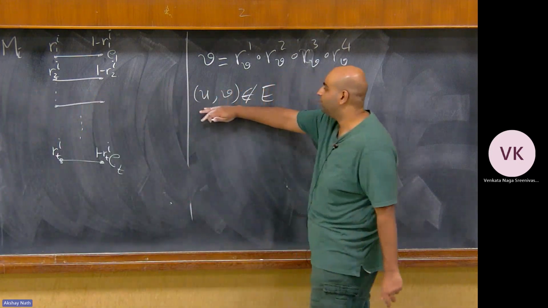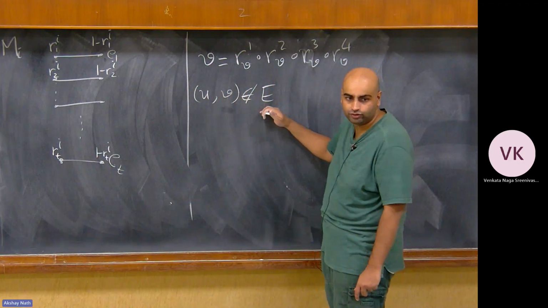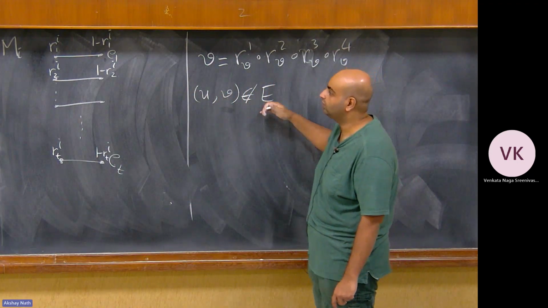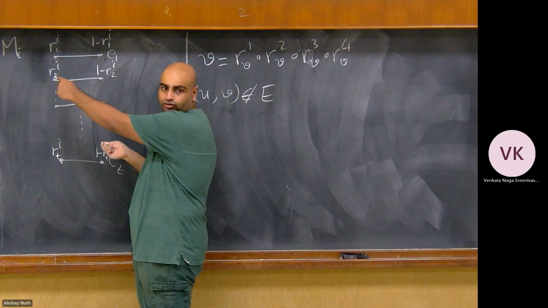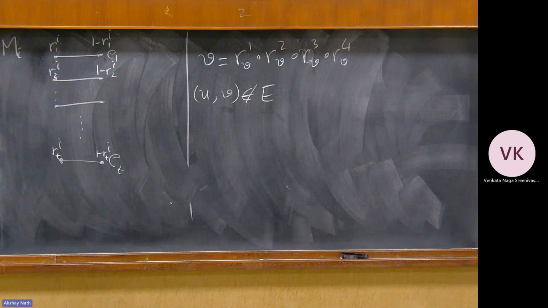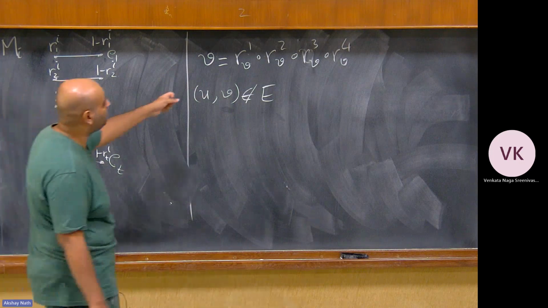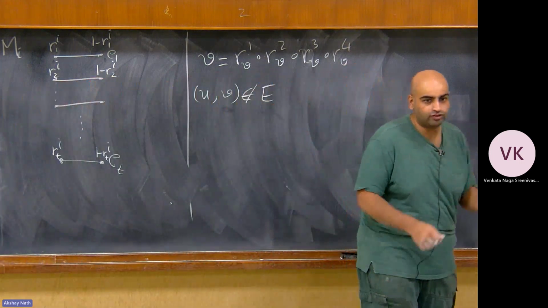Now take any pair of vertices which don't have an edge. In other words, in every matching, they will be somewhat different. So they will get different random strings. Now we know that the distance between any 2 random strings is roughly half. So on each of these 4 parts, their contribution is going to be half.